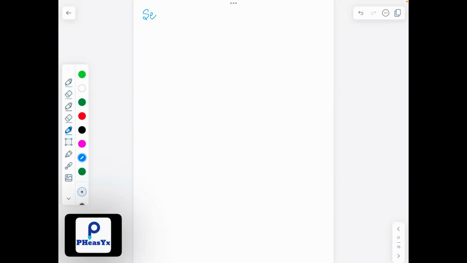Now we will understand how to write set notations. In the previous video, we learned about interval notation. This is an alternative form of notation, and we can also use set notation wherever required. So I'm taking the same example, -5 to 1. This denotes the set of real numbers between -5 and 1 inclusively.